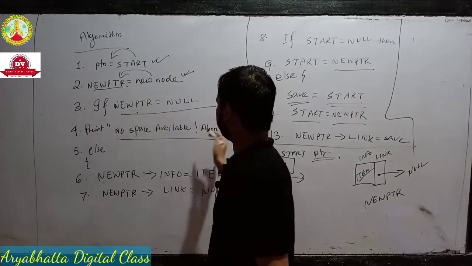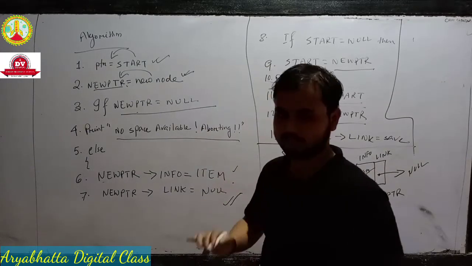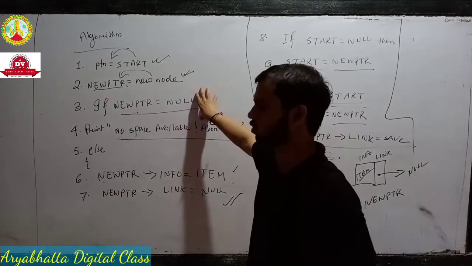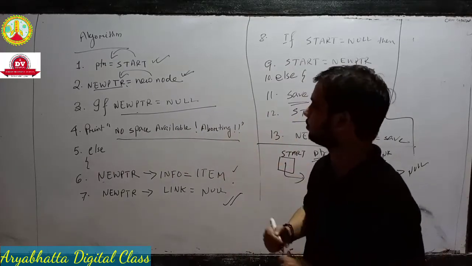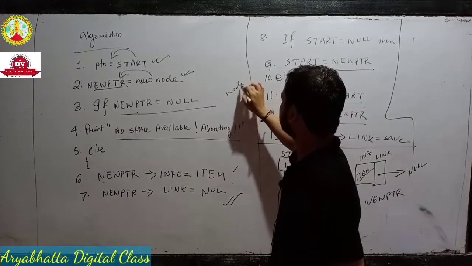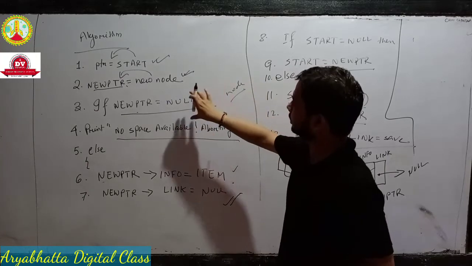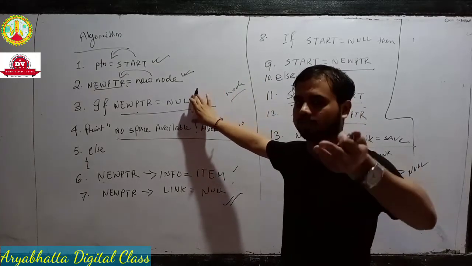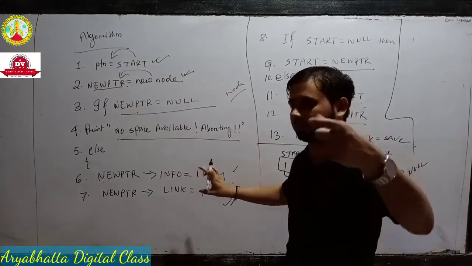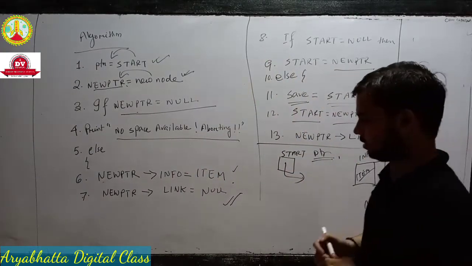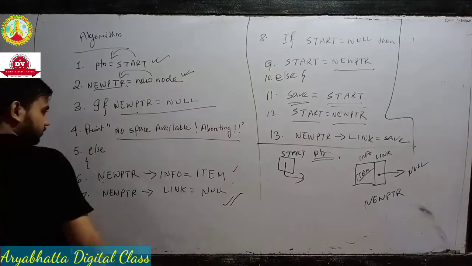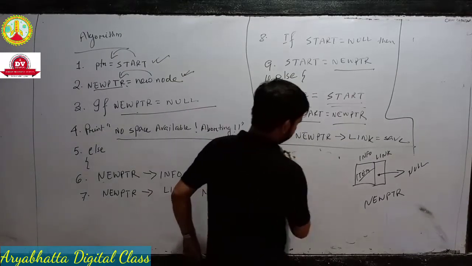If new PTR is null, the node is not created; otherwise, we create a node. Now coming to the second part. In here you see.